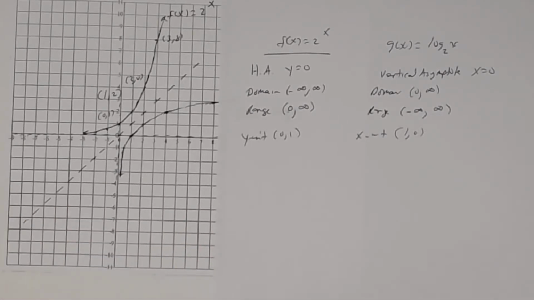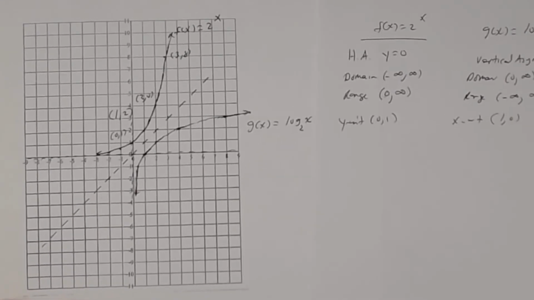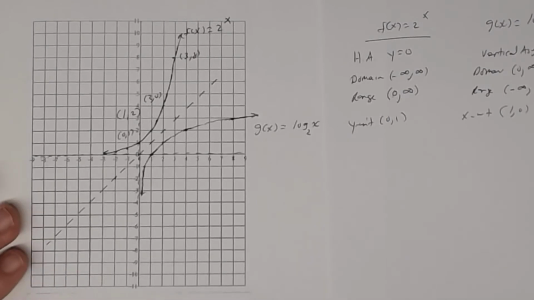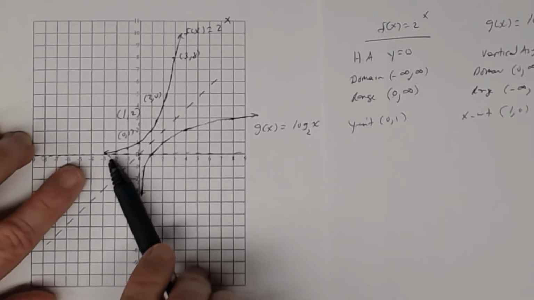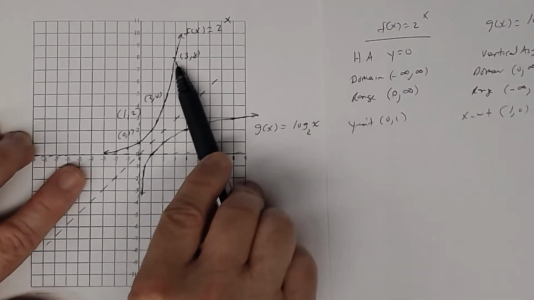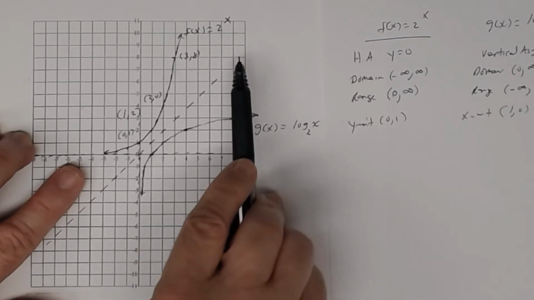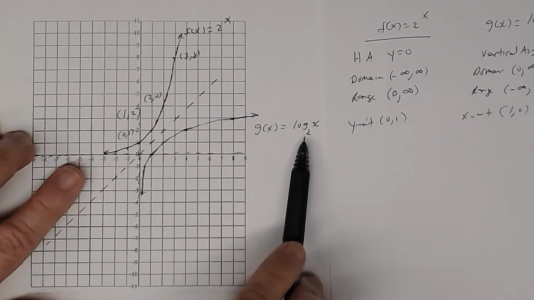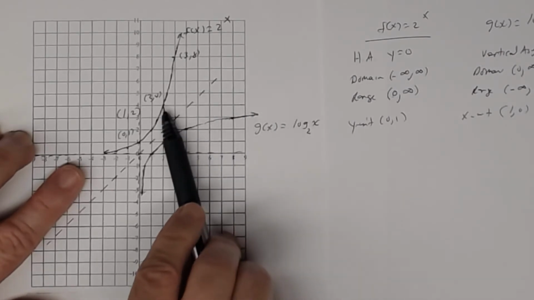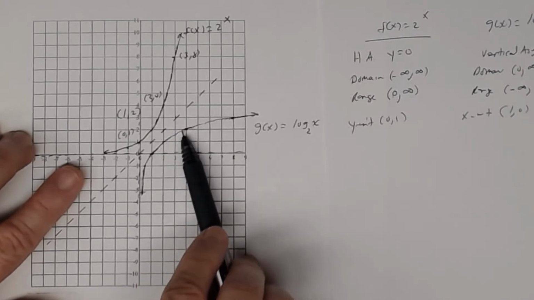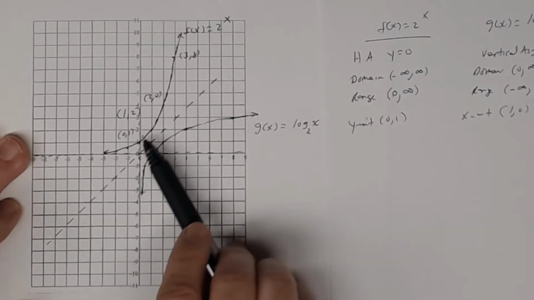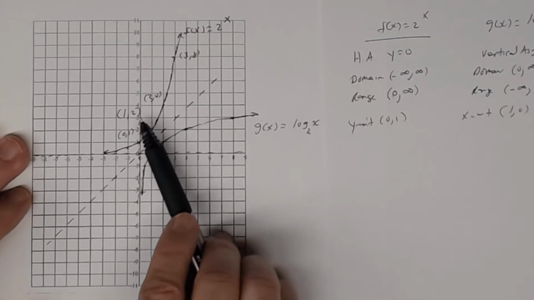All right. Okay, a couple of things before we look at another problem. Remember the inverse of an exponential is a logarithm. The base here becomes the base here for the logarithm. You know that an exponential and a logarithm are both symmetrical about the line y equals x because they are inverses of each other.